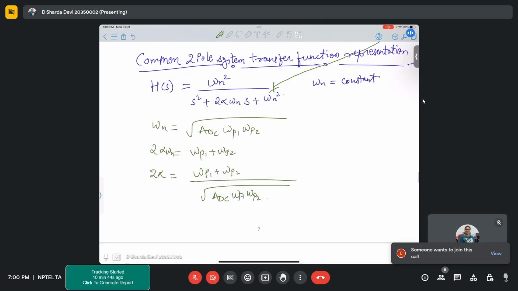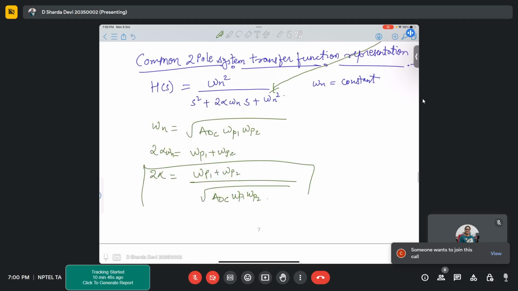So these are the values that you get for omega n and 2 alpha. This particular 2 alpha is known as the damping factor.